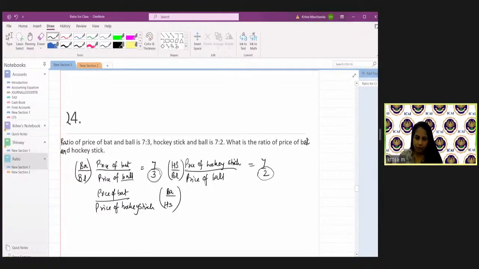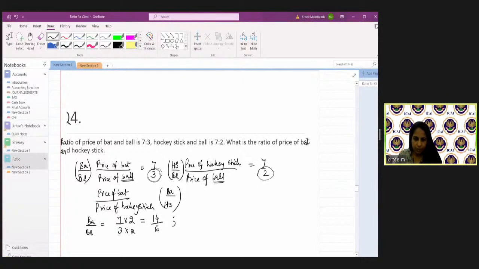The common variable between them is giving different quantities in two different ratios. So I have to bring them to a common number. For 3 and 2, I'll take LCM as 6. So the ratio of price of bat and ball expressed in terms of 6 would be 14 upon 6.